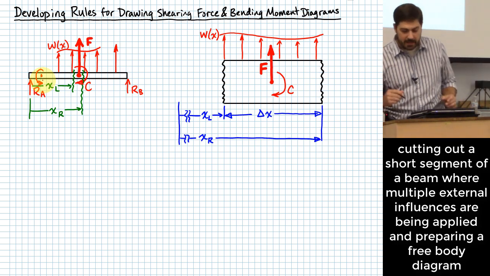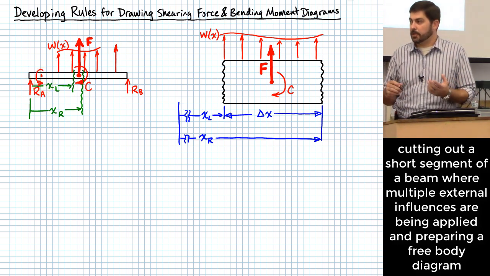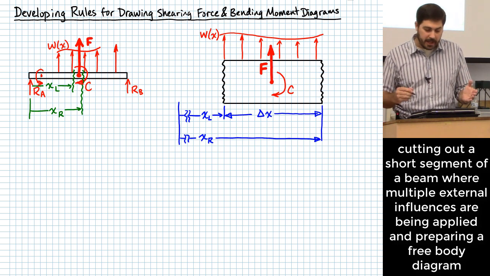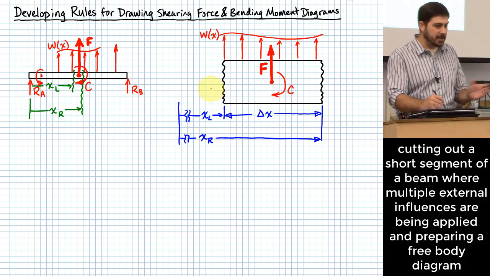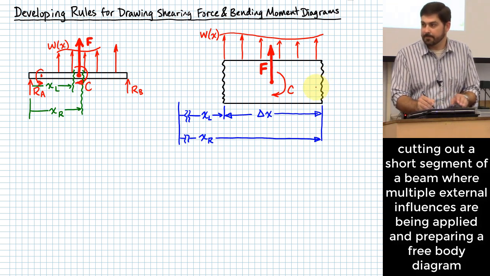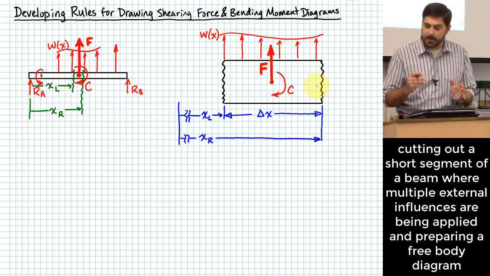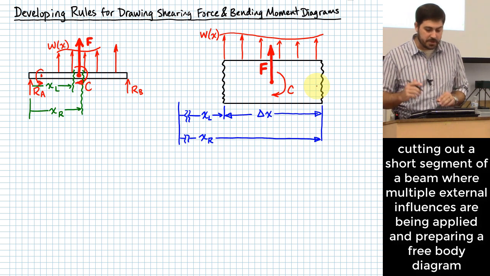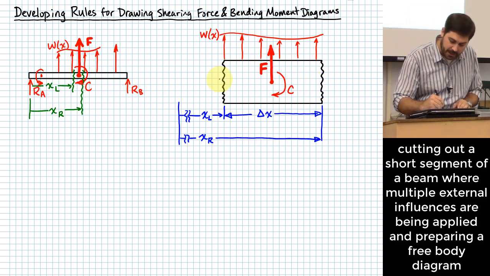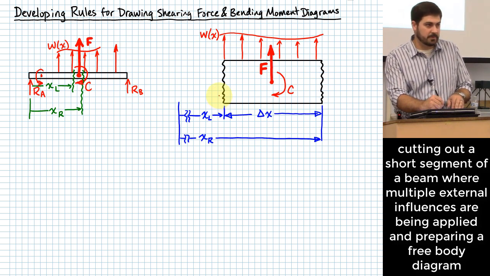So let's draw those on here according to our positive sign convention that we learned last time. On the left end of this little chunk, what would a positive shear look like? You remember? What would positive sign convention call for as far as the direction that I show the force acting on the left end of this chunk?